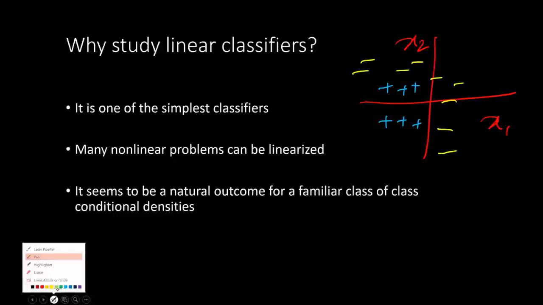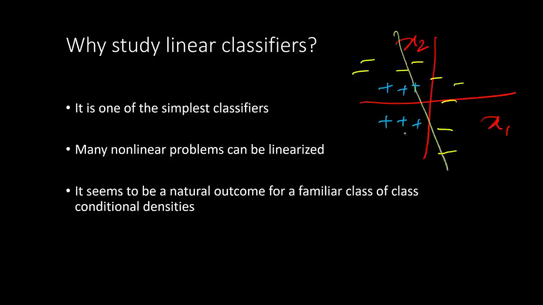So let's say I draw this plane, or whatever plane that I try to draw, it will misclassify some points. Some points will fall on one side where they should not be falling. So it's very difficult, and it's impossible in many cases, to actually get a dividing hyperplane.